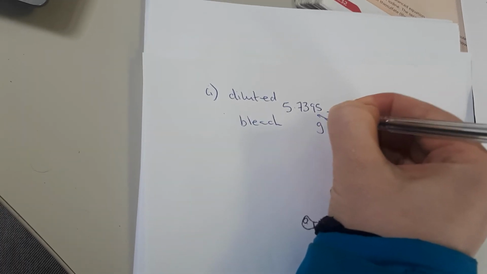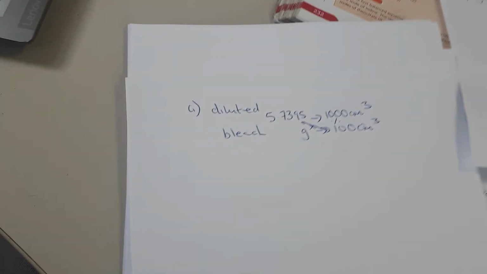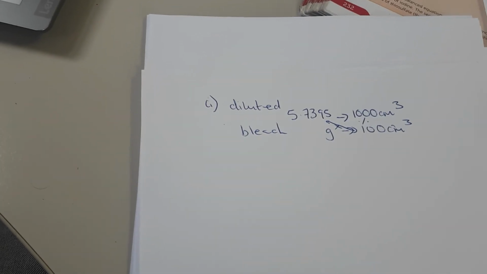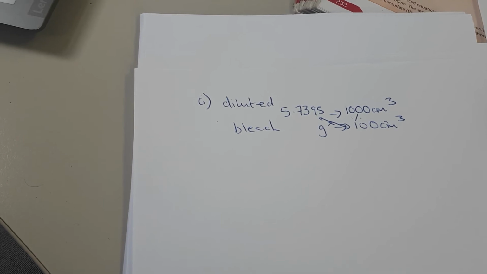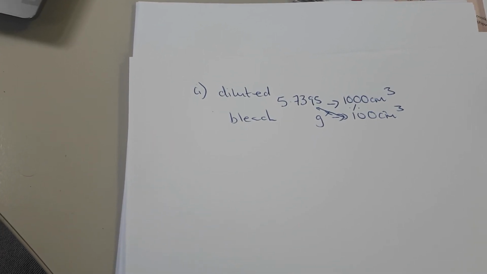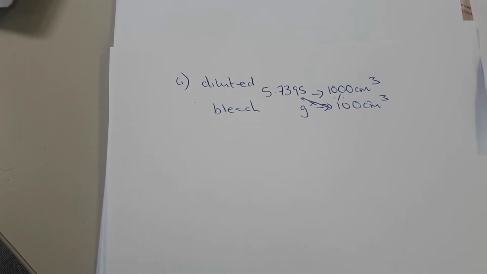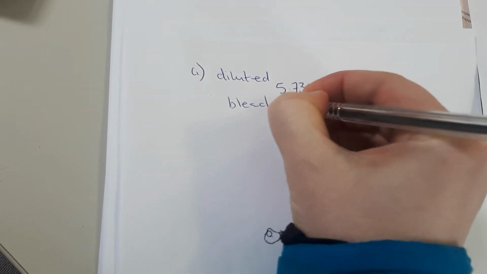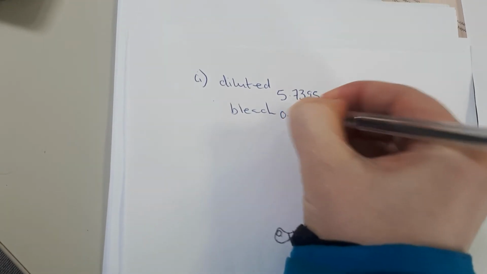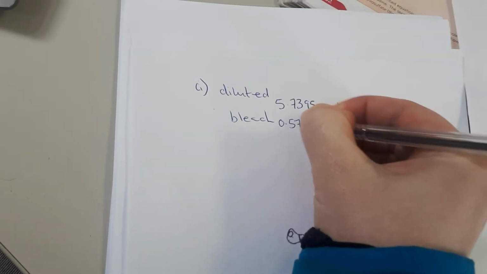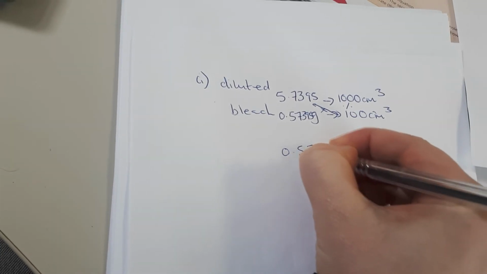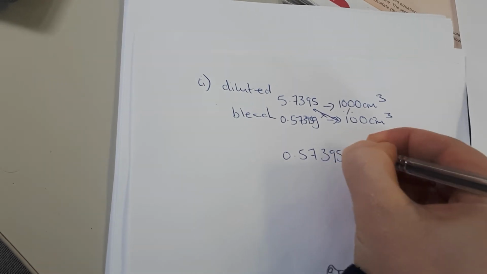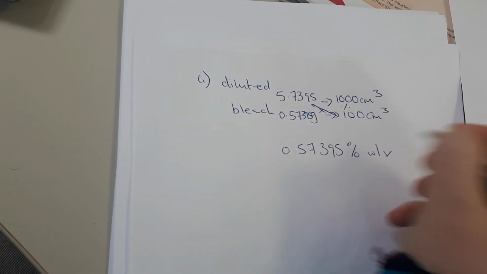So I multiply by what I know and I divide by the bit left over. Okay, again here you can just pretty much divide by 10 because that is essentially what you're doing. And that is going to give me 0.57395 percentage weight per volume.